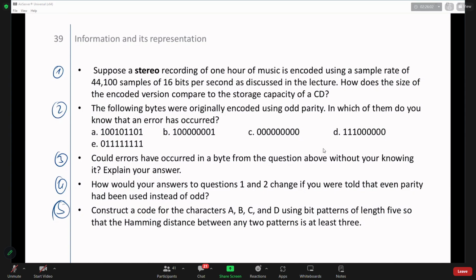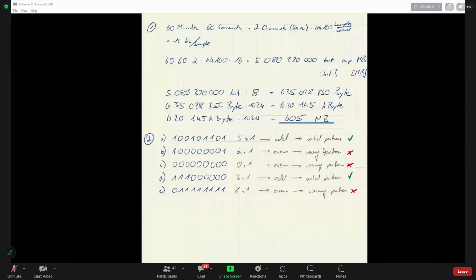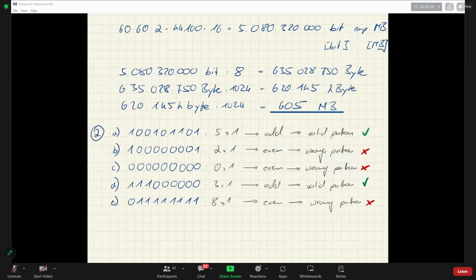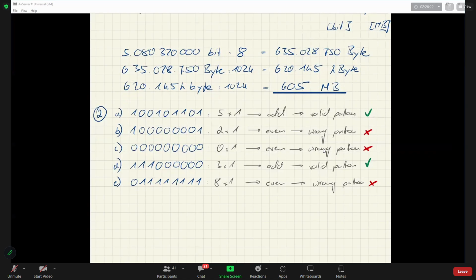Okay. Then let's continue with the next problem. How would your answer to questions 1 and 2 change if you were told that even parity had been used instead of odd? So the same problem like before, but now with even parity. What would be different?